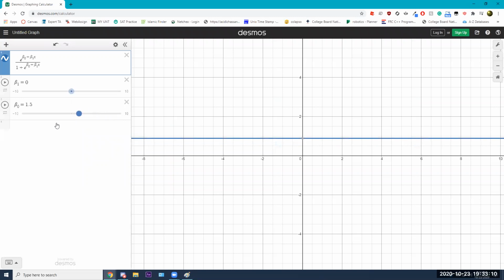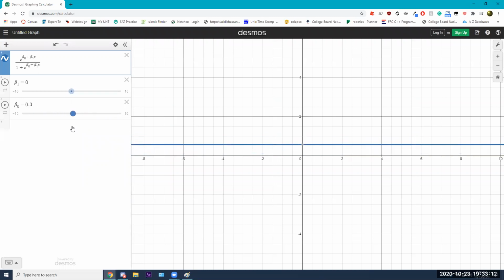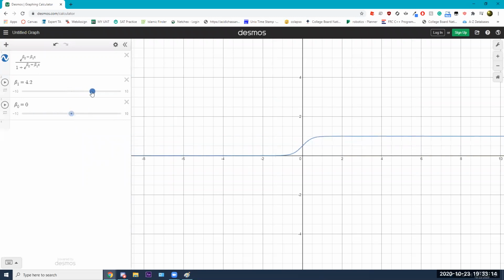You can see beta naught seems to change the intercept. Beta 1 changes how curvy it is in the middle, but this is a bit deceiving because it doesn't actually change as you might expect when you change both of them simultaneously. Now it does this weird rotation thing.